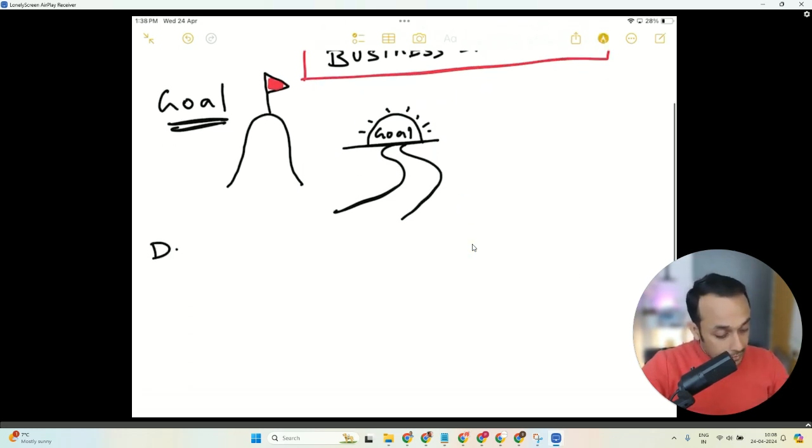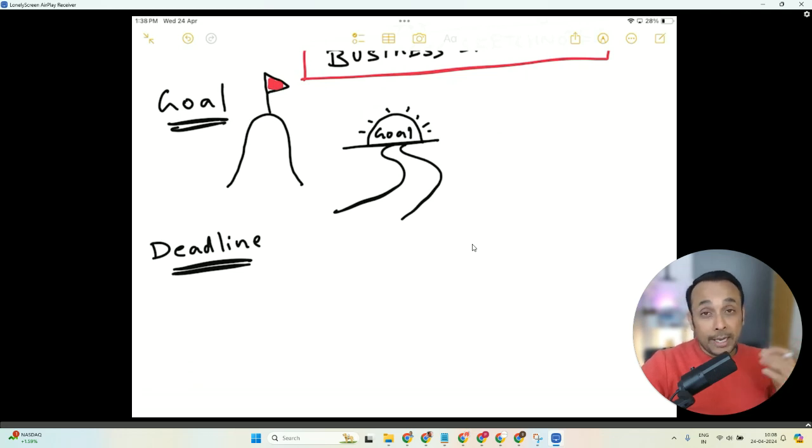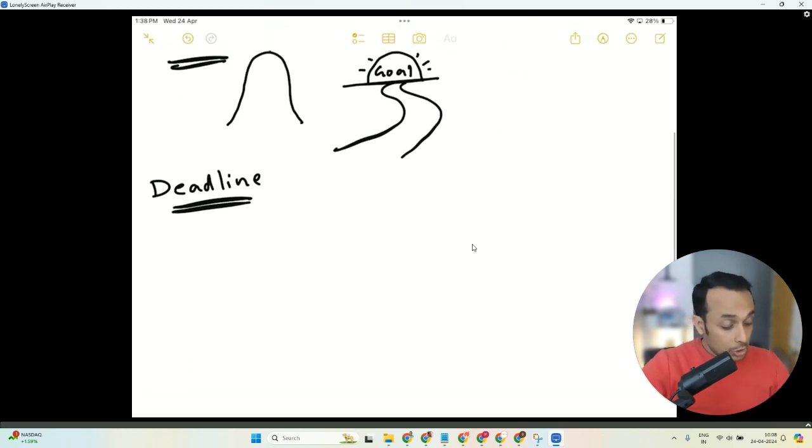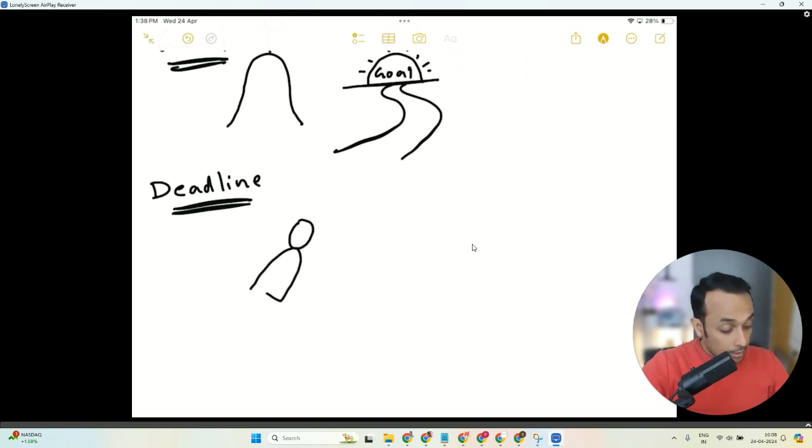Can I draw deadlines? Very important one, right? Now, what happens when you are reaching a deadline? It's all on fire. So I'm drawing a running person. So imagine this person is a running person. I am drawing this like a lady, and she has a lot of files with her.